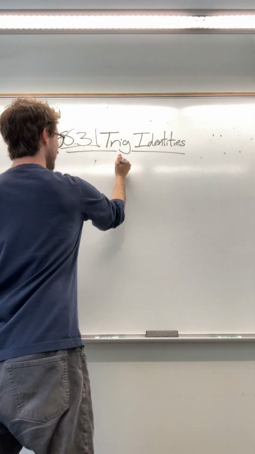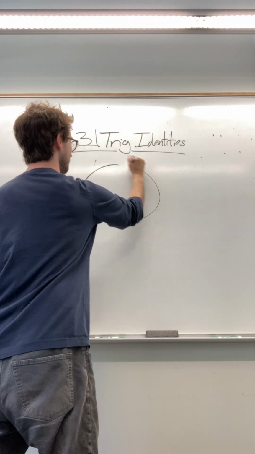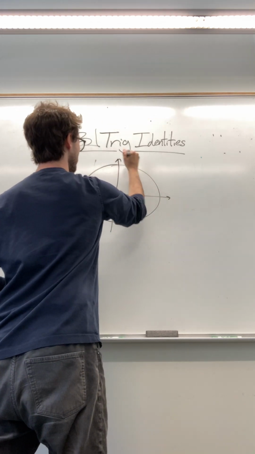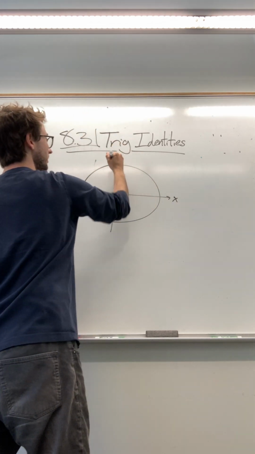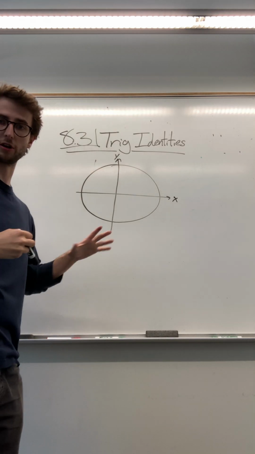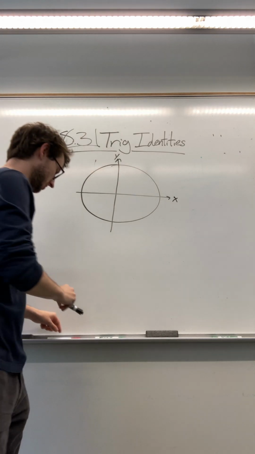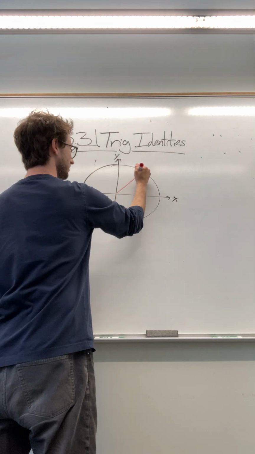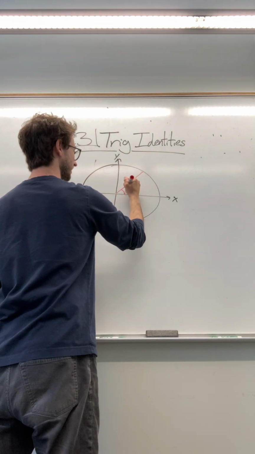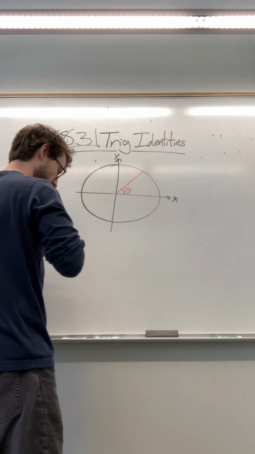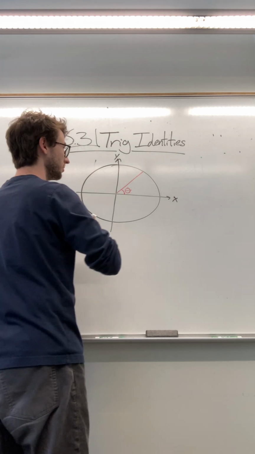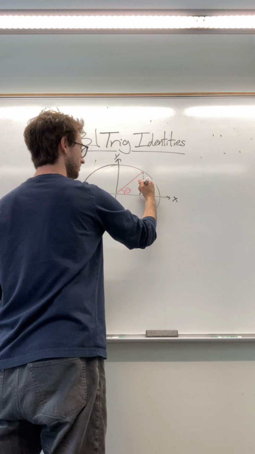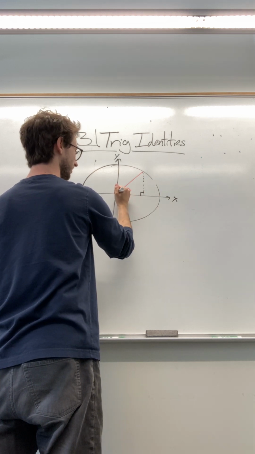So we actually saw one back when we were working in 8.1. So if we're working on a circle, let's say we've swept out some angle theta, then we have some triangle here, right?